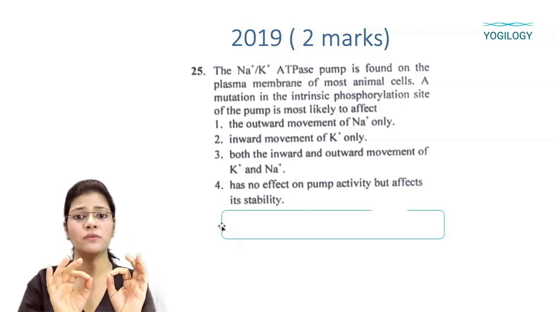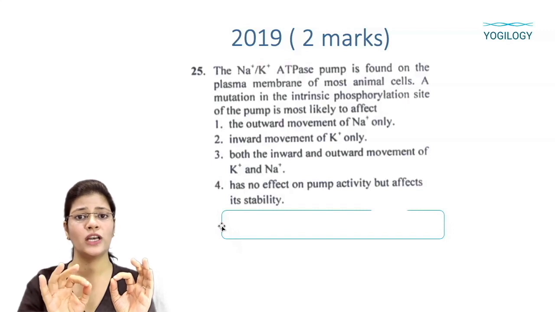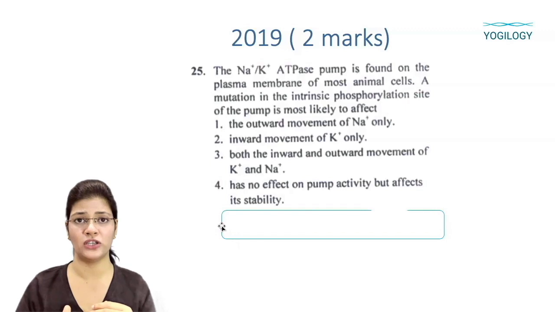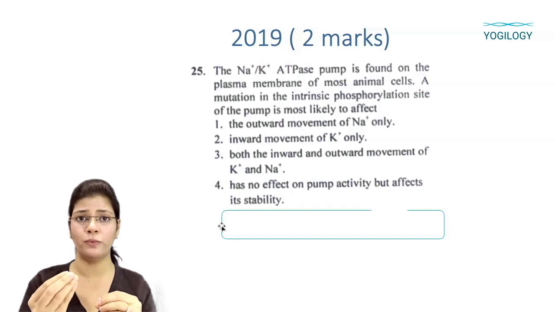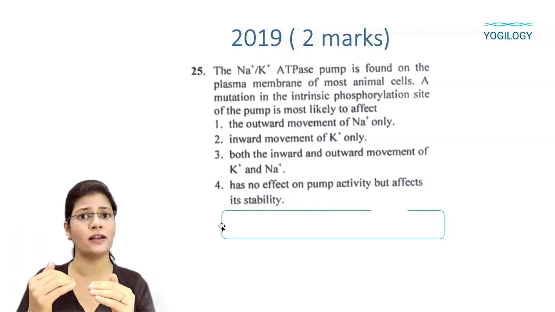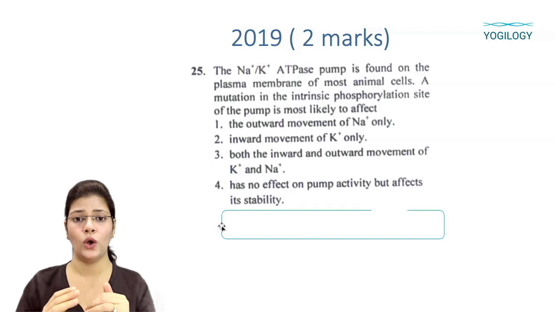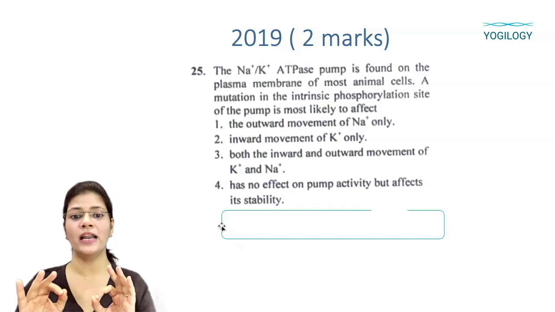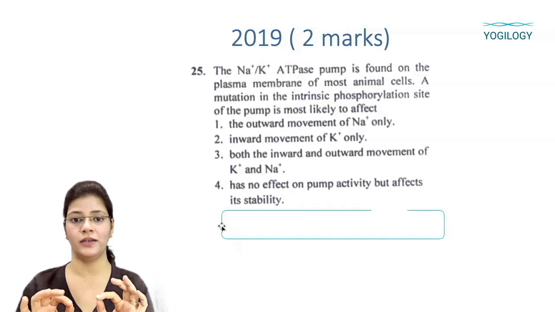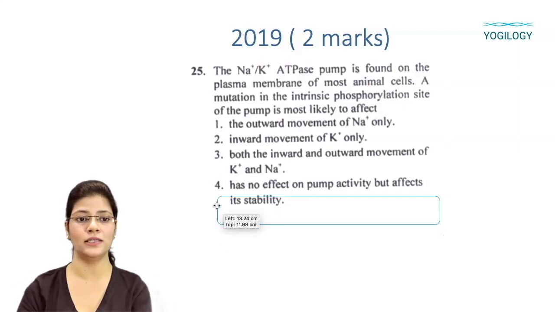And if there is a mutation in this phosphorylation site, it is not going to allow the conformational change. Hence, sodium is not going to be transported to the extracellular part of the cell, and potassium will not bind and come inside the cell cytosol. So both the inward and outward movement of sodium and potassium will be hindered. So the answer is 3.